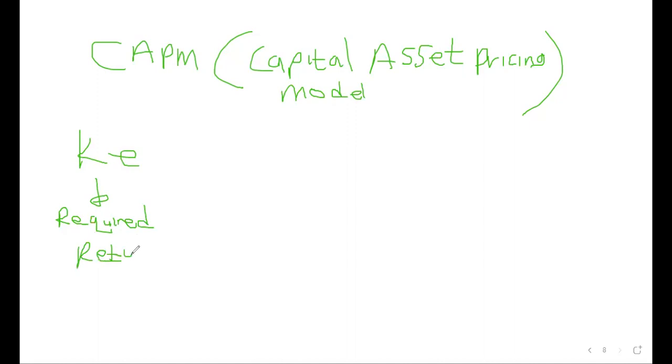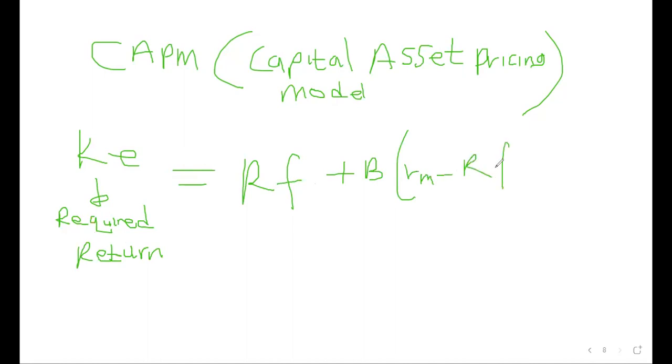is equal to RF, plus beta times the return of the market minus RF. B is beta, which measures risk.